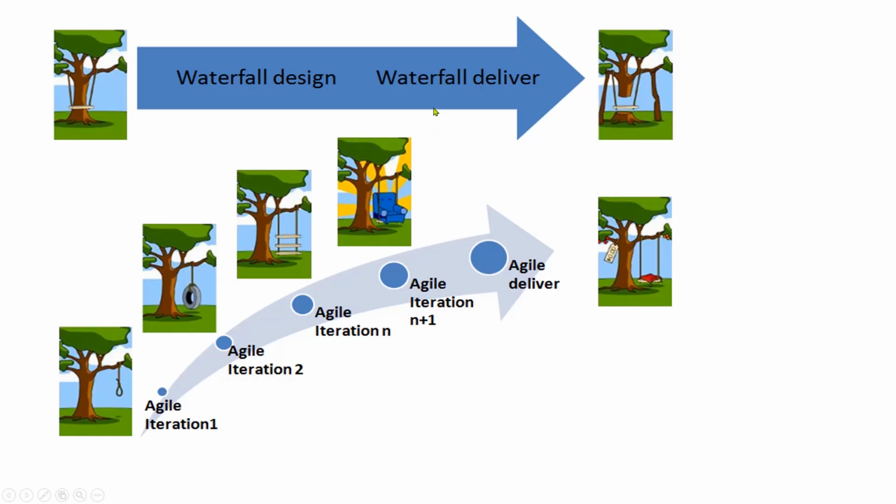Just one small representation, which is very funny to see. The client is asking, I need a cradle for a tree, right? If we go with the waterfall approach, you have cut the tree into two pieces and made the cradle in between. But if you had gone through agile, just a funny representation to tell the difference of way of working, you will first tie a thread to one of its branches.